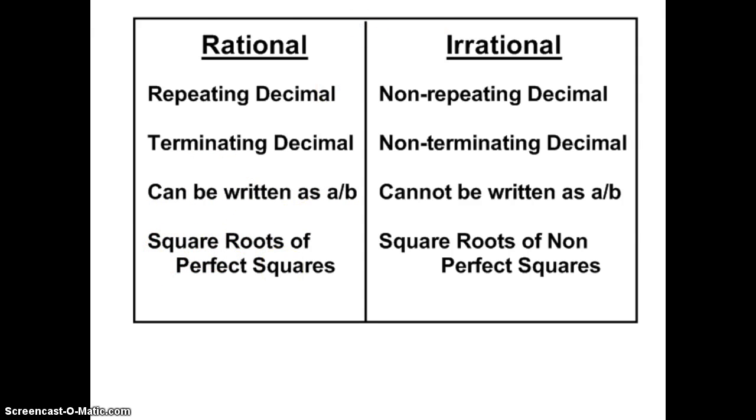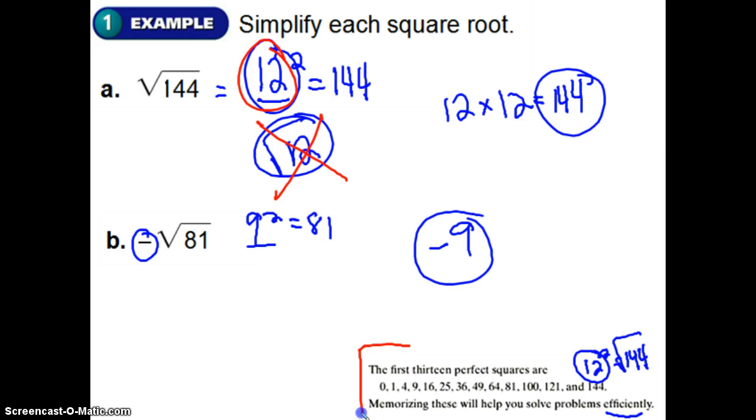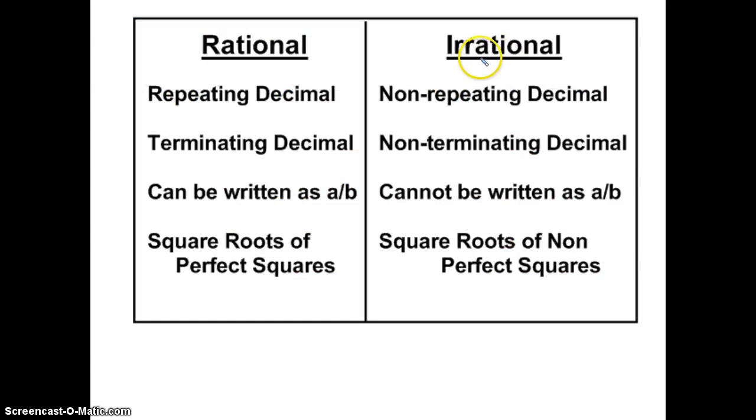Now what are perfect squares again? They're right here. What's an irrational number, which is new to us? It's basically all the opposites: non-repeating decimal, non-terminating, cannot be written as a fraction, and the square root of non-perfect squares.